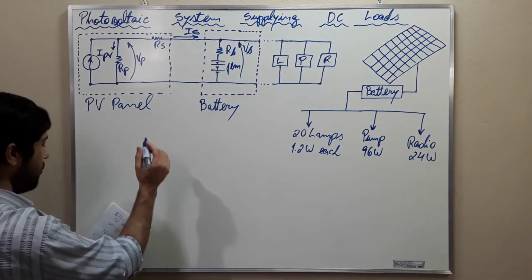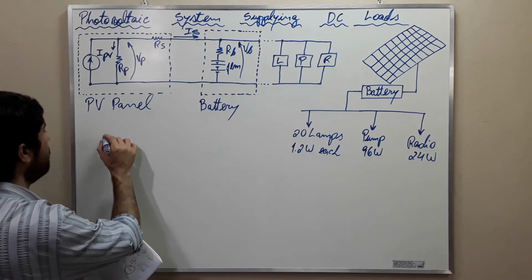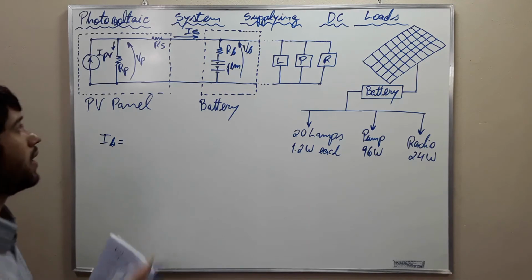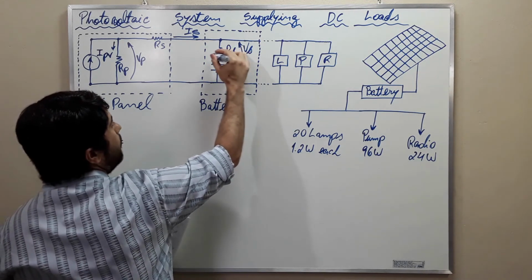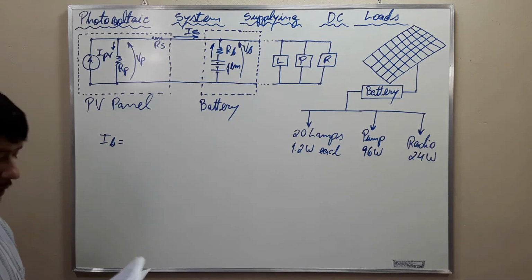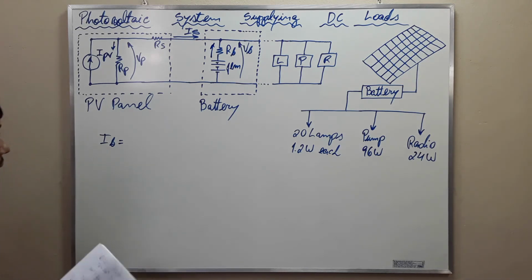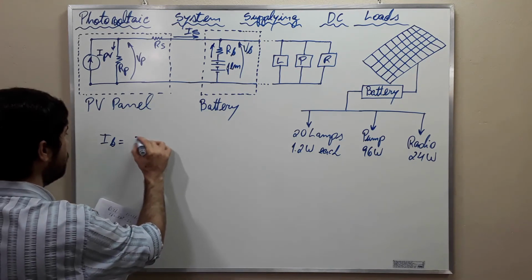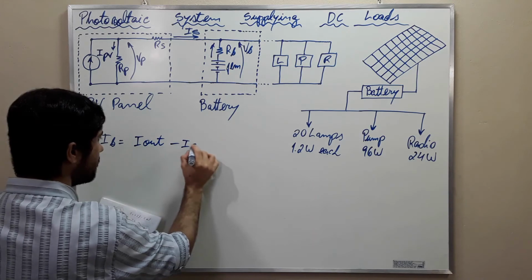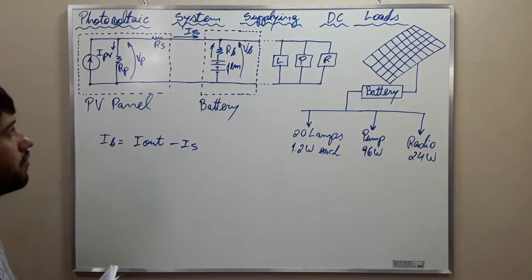We're going to calculate IB, which is the current of the battery. The battery is supplying the system with a current here. So IB is going to be equal to I out minus IS.